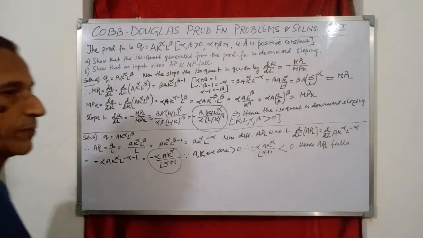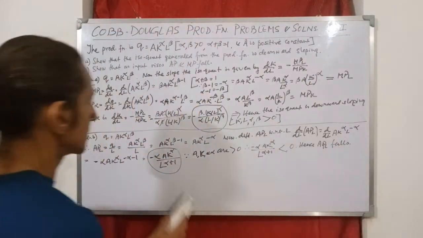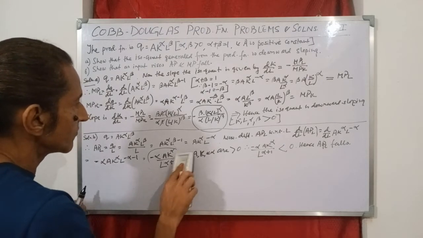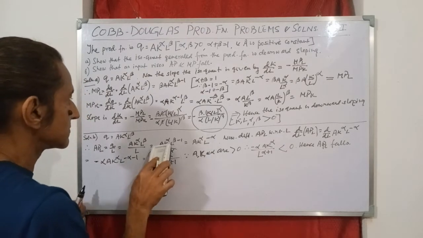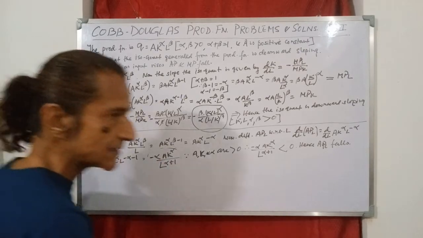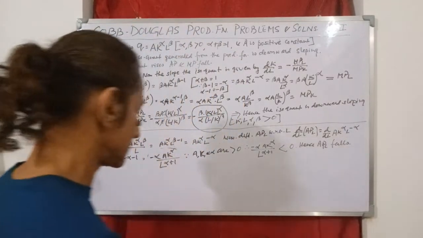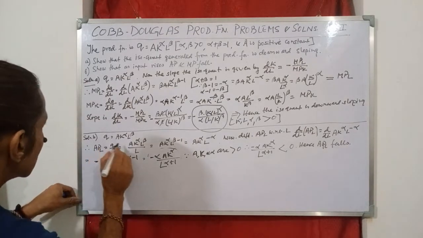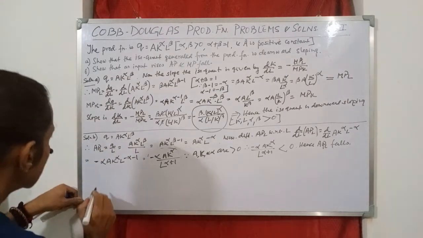Now come to MPL, because we have to show both APL and MPL fall as input rises, as L rises. There is labor. Q equals A K to the power alpha L to the power beta.